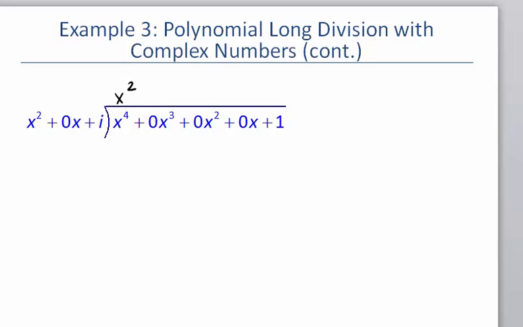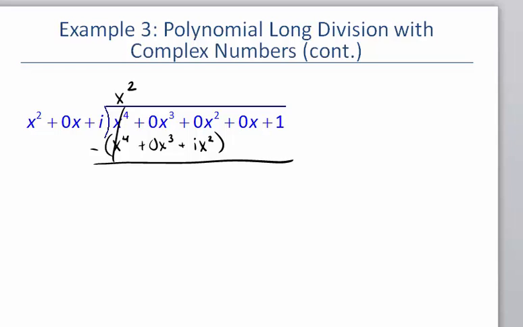We're then going to multiply. So x squared times x squared is x to the fourth. x squared times 0x is 0x to the third. x squared times i is i x squared. We're going to put that in parentheses and subtract. The first term will fall out, x to the fourth minus x to the fourth.